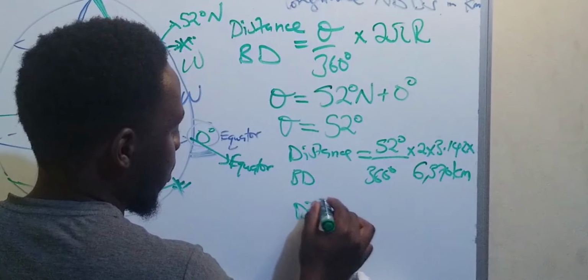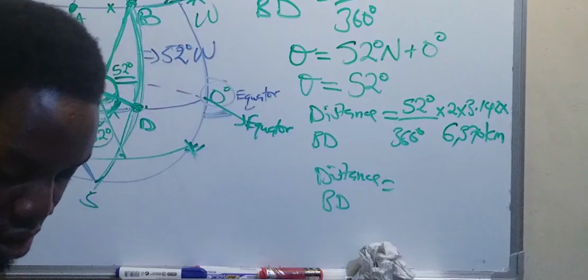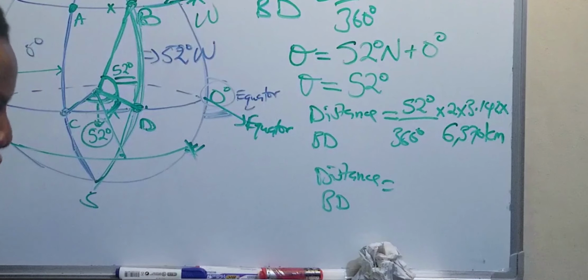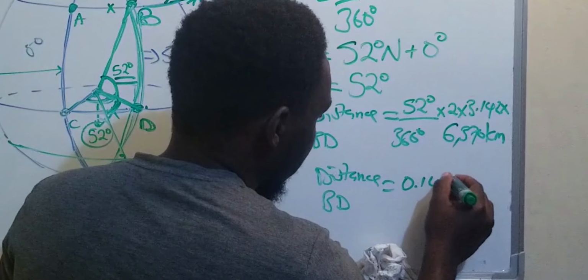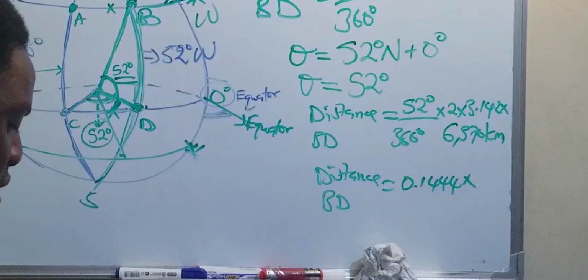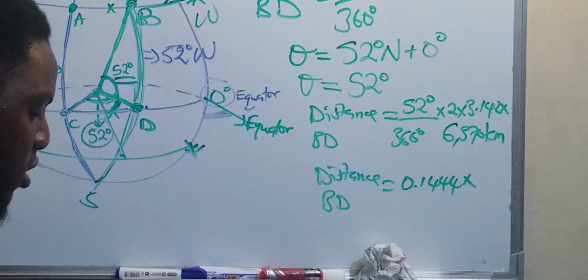So distance BD is equal to, let's calculate there. You say 52 over 360, you have 0.1444 multiplied by 2 multiplied by 3.142 multiplied by 6,370.